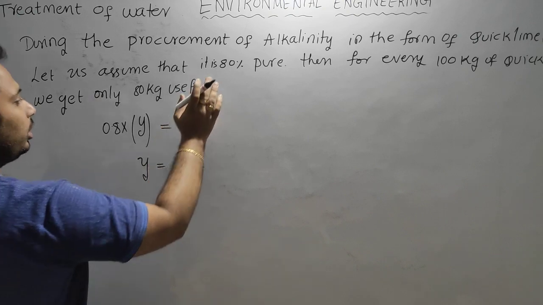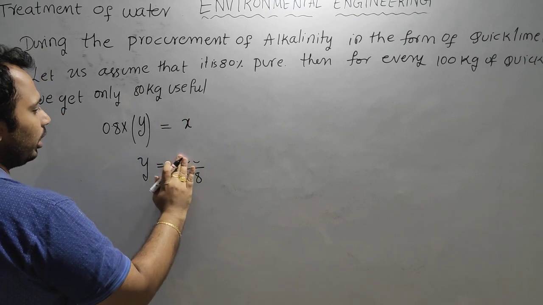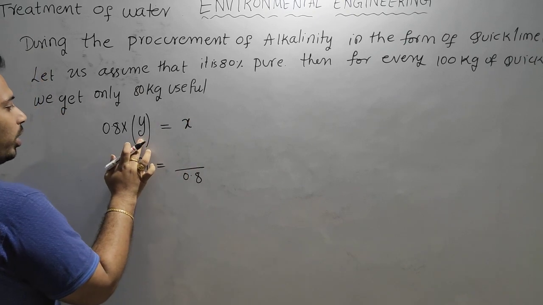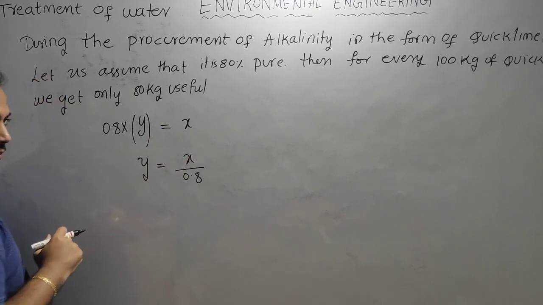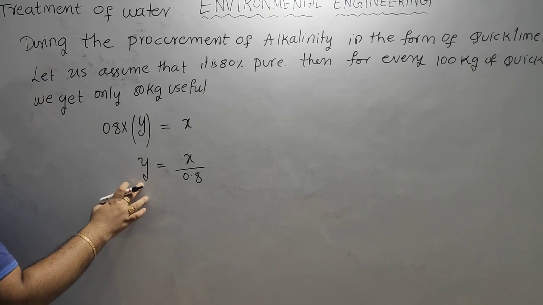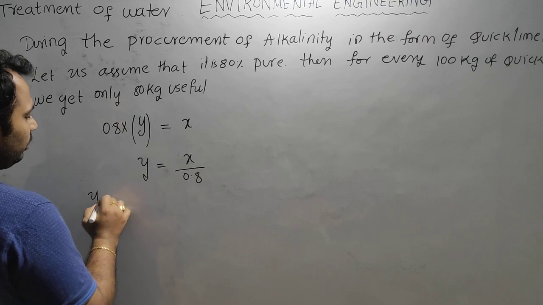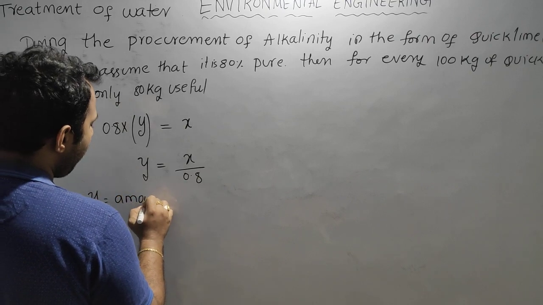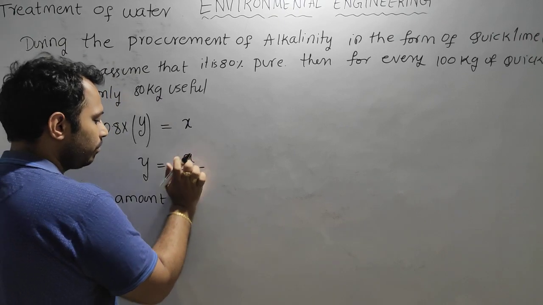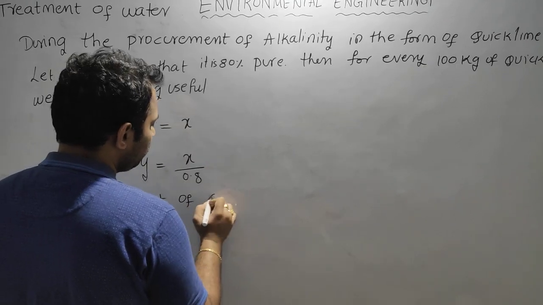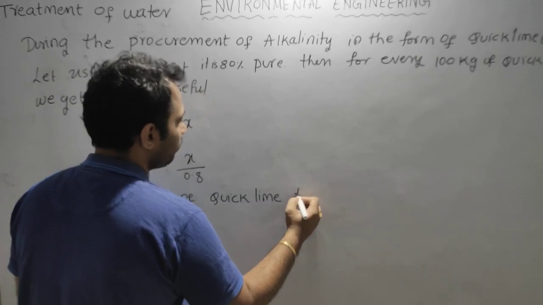So if the requirement is something x, then we need to take y amount such that it will give x. So y is the amount of quicklime to be procured.